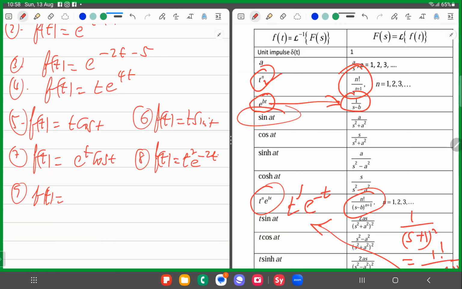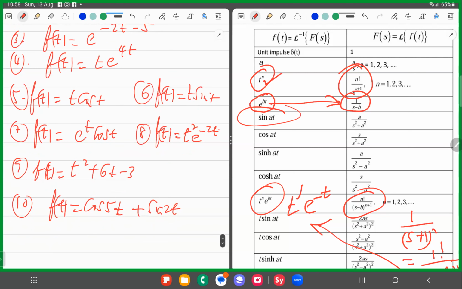F of t is 2t squared plus 6t minus 3. F of t is cosine 5t plus the sine of 5t.